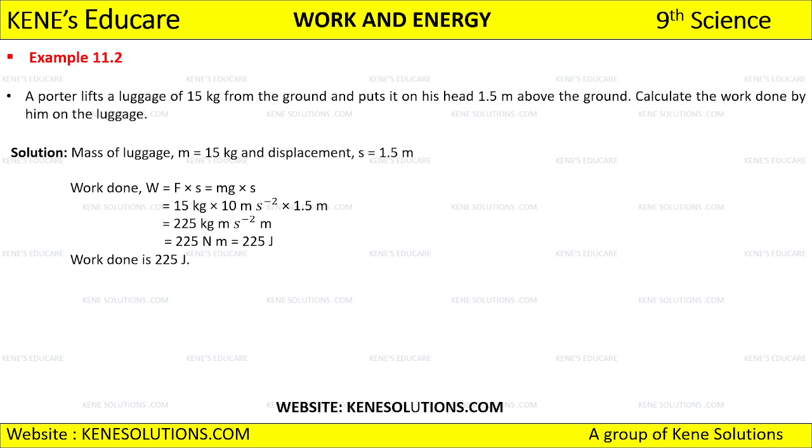Force, we can write as m into g, that is mass into gravity, right? So the m and g values are always going to be constant. So mass given is 15 into displacement is 1.5, and g is taken to be 10, it's usually 9.8, but here they have taken it as 10 meter per second squared, right?